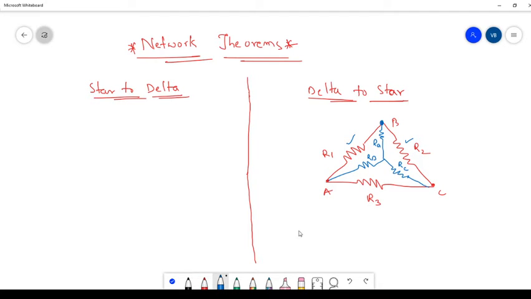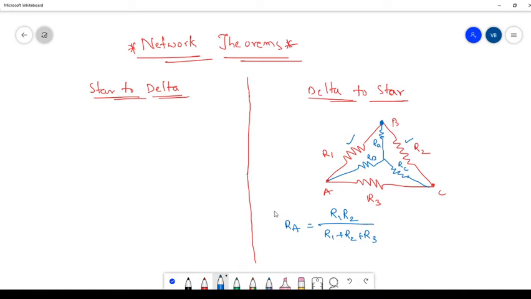So RA, we can define the RA formula as equal to the equivalent of R1 and R2. So the numerator will become R1 into R2 by the total resistance in the delta connection, that is R1, R2 and R3, the summation of those three, that is R1 plus R2 plus R3.